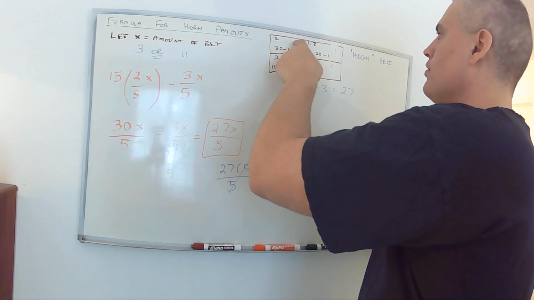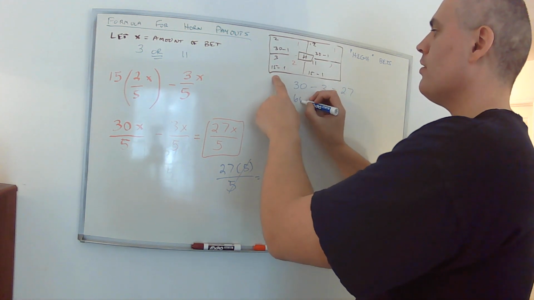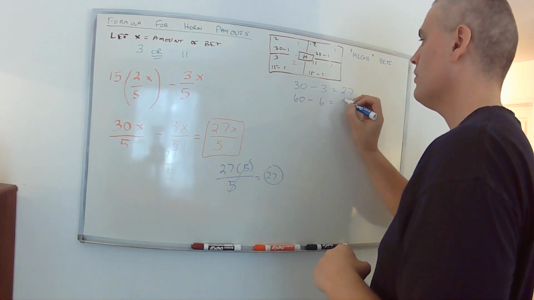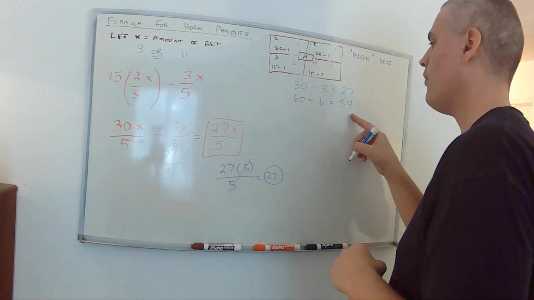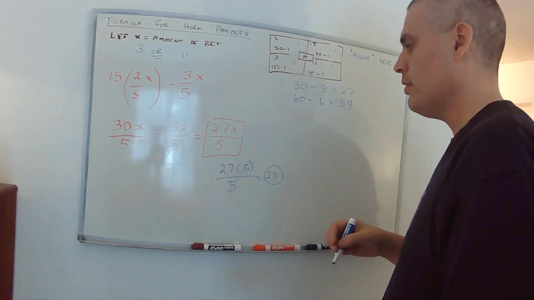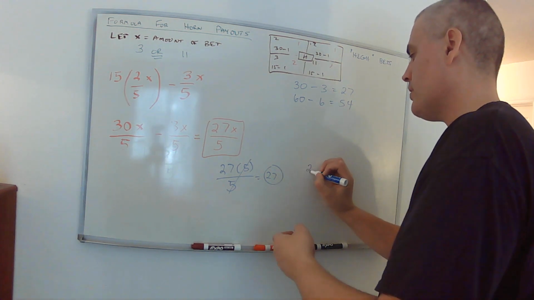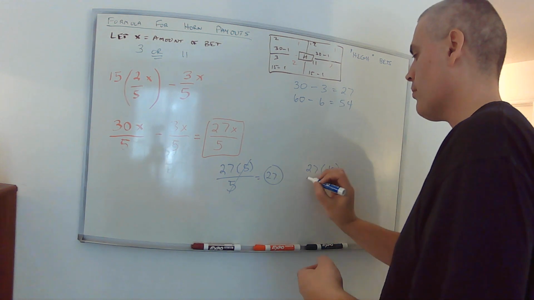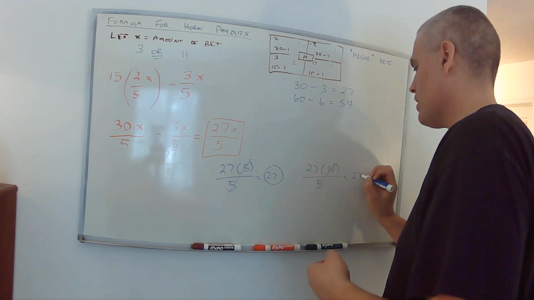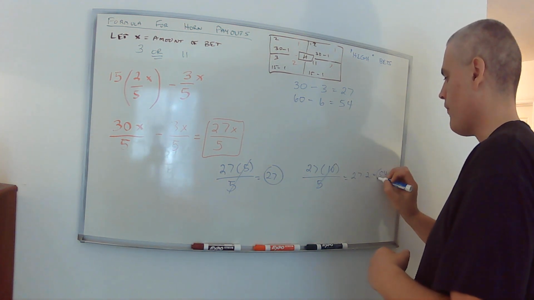Up to 10 would be 2, 2, 2, and 4. I'm going to have 4 times 15, which is going to be 60, but I'm going to lose 6 for a total of 54. And you'll notice this just keeps going up by a double. So I've got 20, and again, I've got 27 times a $10 bet over 5, though that'll cancel, and I'll get 27 times 2, or 54.